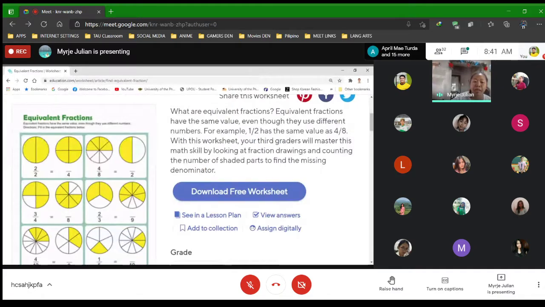And then, as much as possible, kung kaya ninyong i-copy-paste yung reference ninyo, i-copy-paste na lang ninyo yung reference. Ganun lang kasimple. Okay, do you have questions? Ang importante dito, may gagawin yung bata na may sasagutan yung bata at the end of the lesson. Ganun lang.